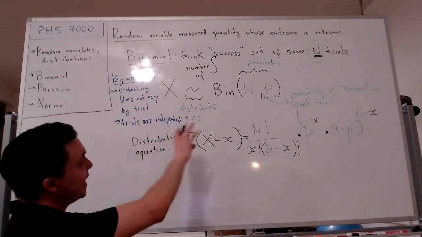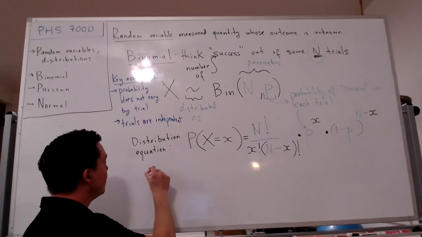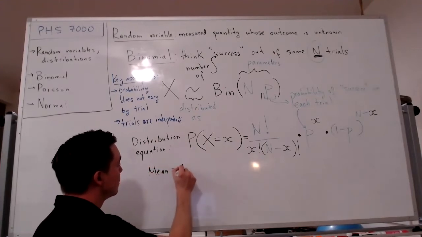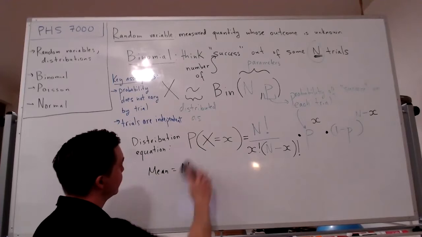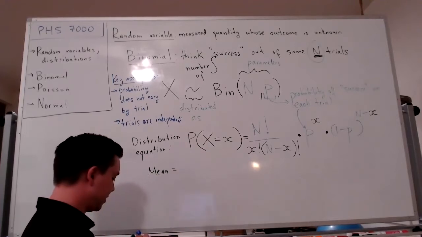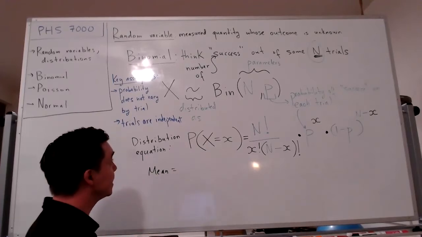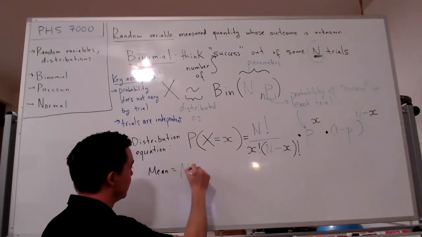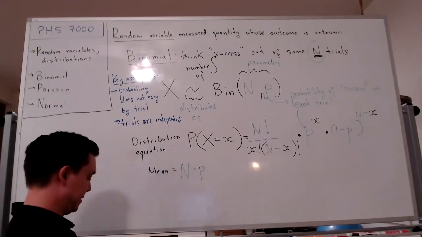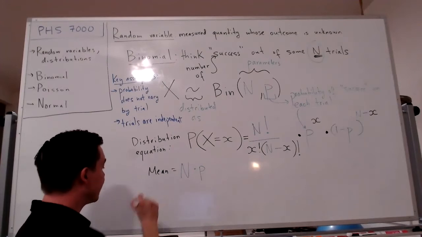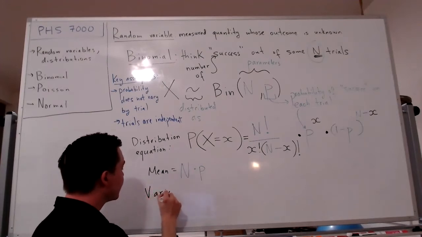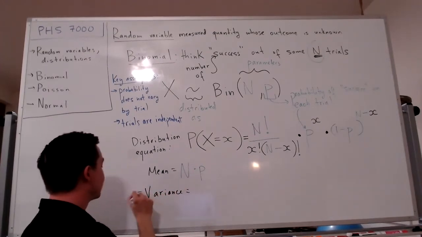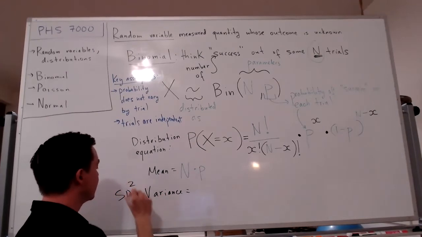For a variable that has a binomial distribution, the mean is known, and it is just n times p. And the variance is known. Remember, the variance is just the standard deviation squared.